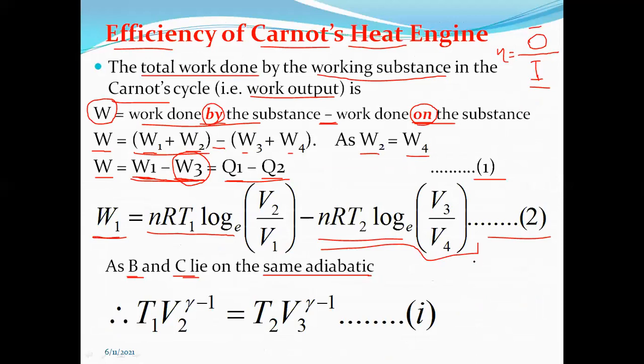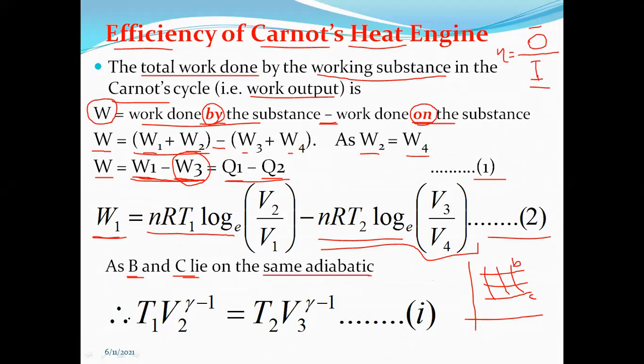I think this is the diagram. If you remember, these are the adiabatics and these are the isotherms. So here B is there and C is there. Therefore, I have written that B and C lie on the same adiabatic.